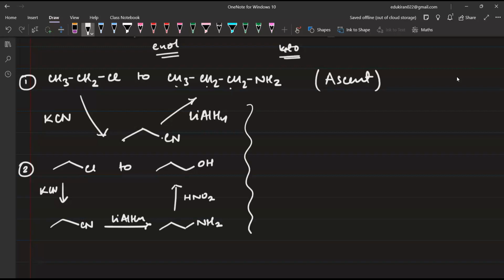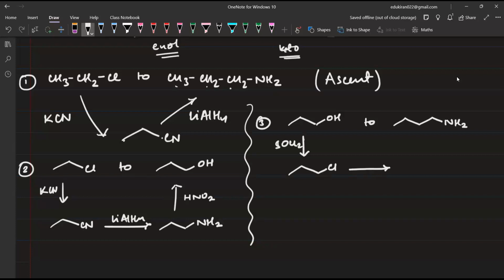Now this ascent of carbon atoms is a very interesting part. I mean, you can also have, for example, 1, 2, 3 carbon atoms, and then you have OH. Fine. And you want to convert this to 1, 2, 3, 4 carbon atoms, and NH2. How are we going to do that? We are going to do this by, first of all, reacting this with not KCN, but SOCl2. Thionyl chloride, we will convert this to haloalkane.